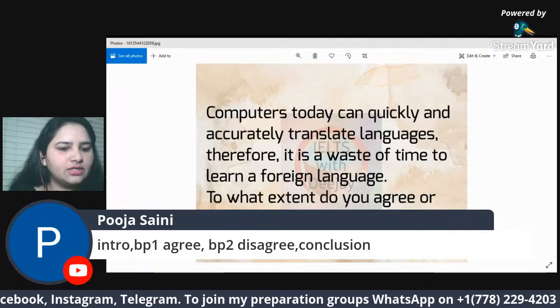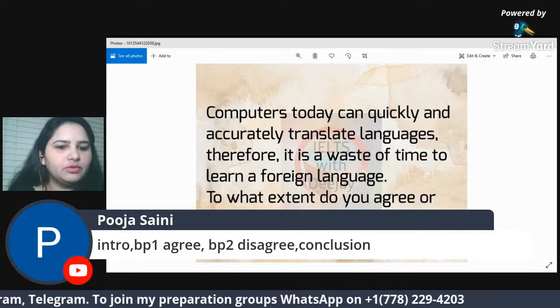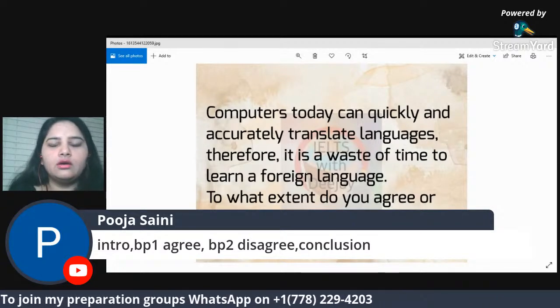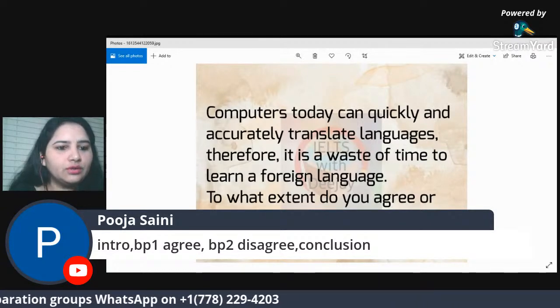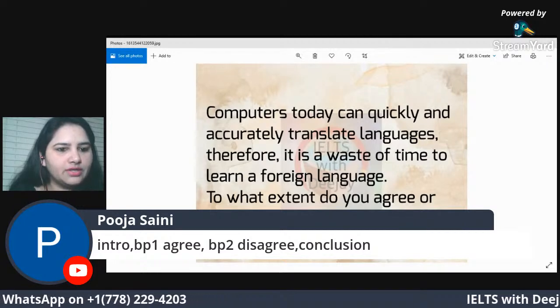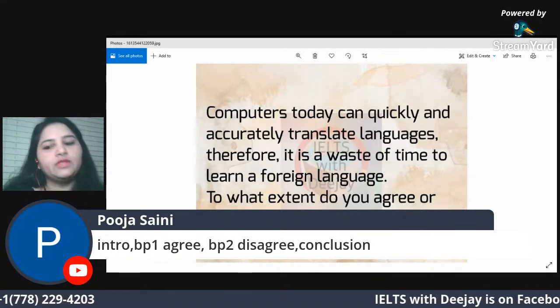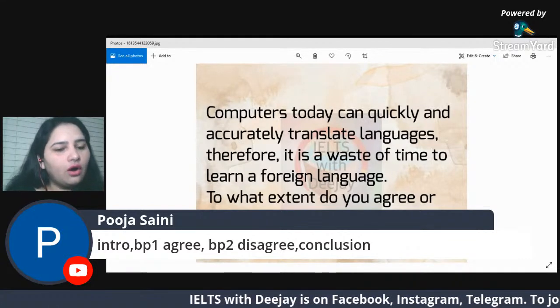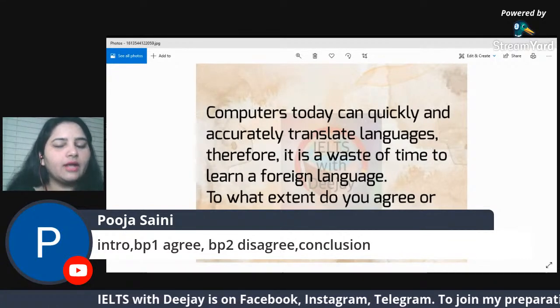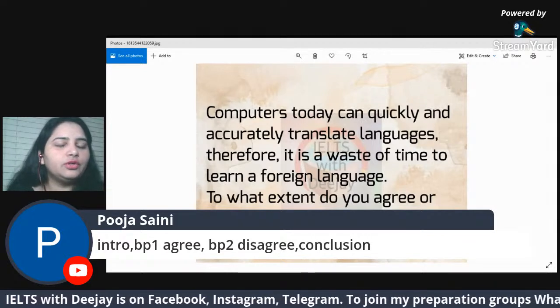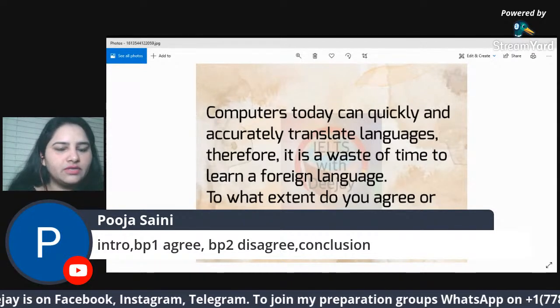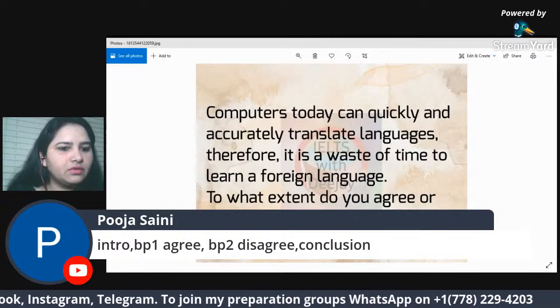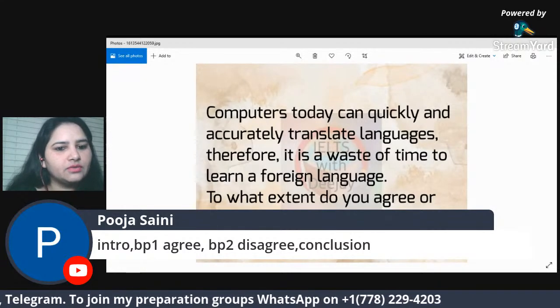Okay, and Pooja says intro, BP agree, BP2 disagree, conclusion. Okay. So with this type of question, when you get to what extent do you agree or disagree, it's not necessary that you go for 100% agreement or 100% disagreement. You have three ways: 100% agreement, 100% disagreement, and the partial way as well.